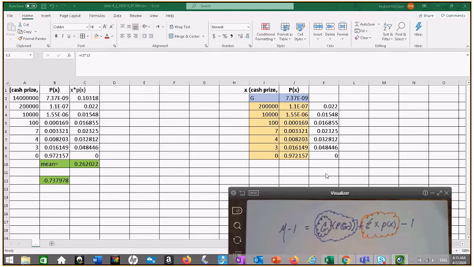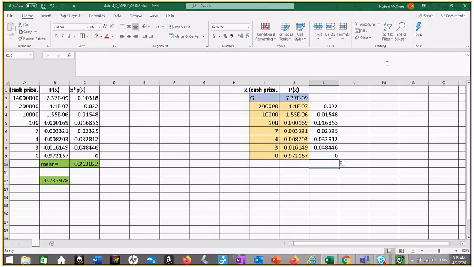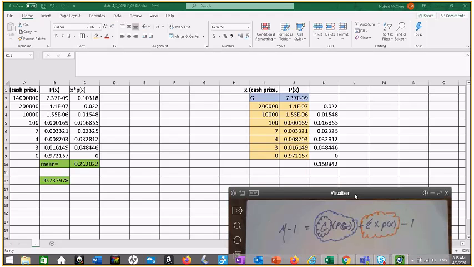So let me add that up real quick, and that number is 0.158847. So now my formula is taking shape. I'm going to pull this up a little bit.